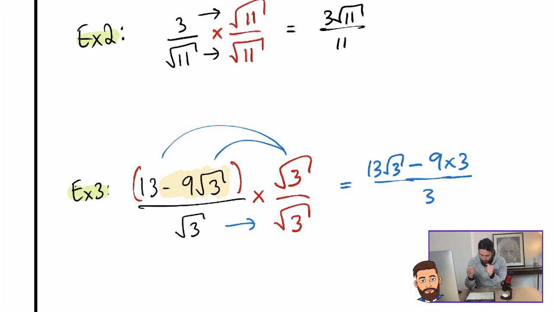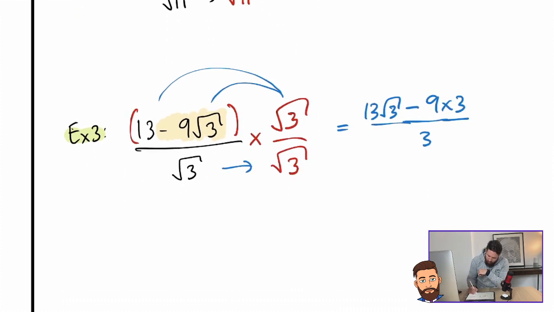Therefore, we can tidy up the top now. What have we got? We've got 13 root 3 minus 9 times 3, which is 27. So we've got 13 root 3 minus 27 over 3. That is an acceptable answer, because the whole goal to this question was to get rid of this root 3 on the bottom of the fraction.